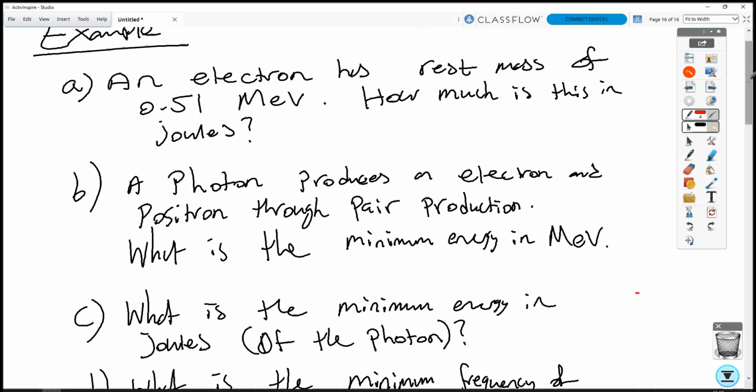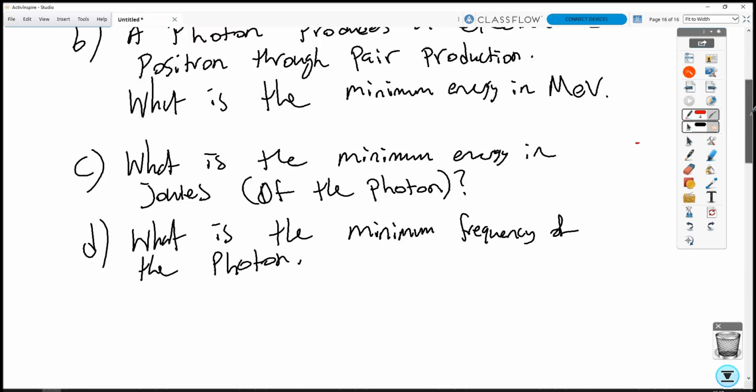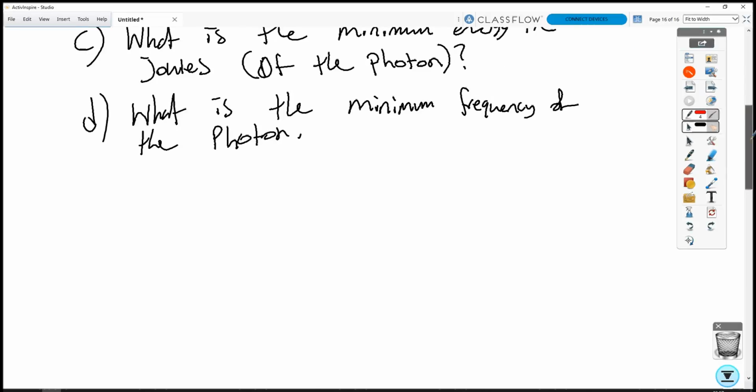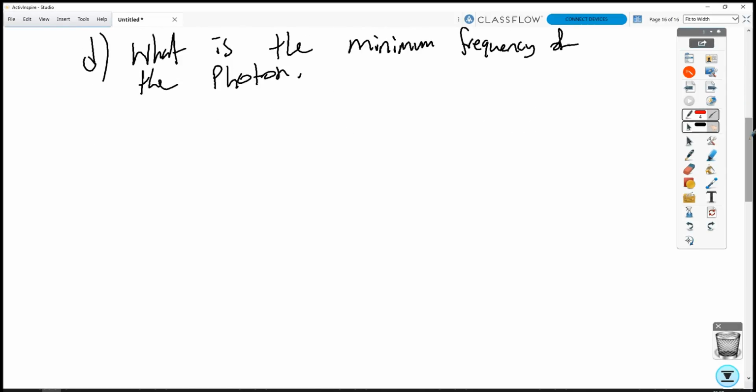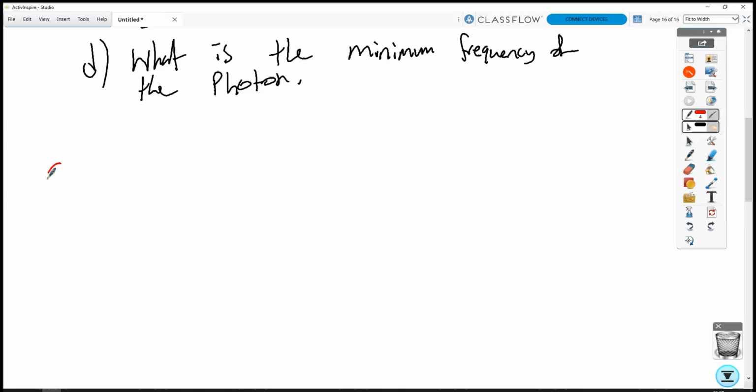So going up to part A, an electron has a rest mass of 0.51 MeV. How much is this in joules? So I'm going to need you guys to help me with the calculations because I don't have a calculator. So first we need to do some conversions.